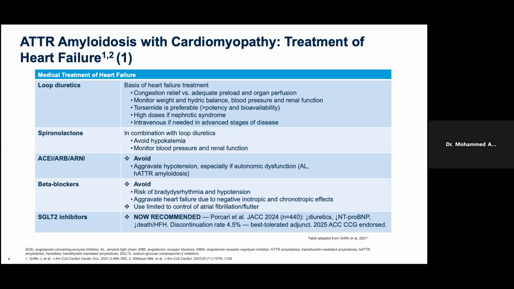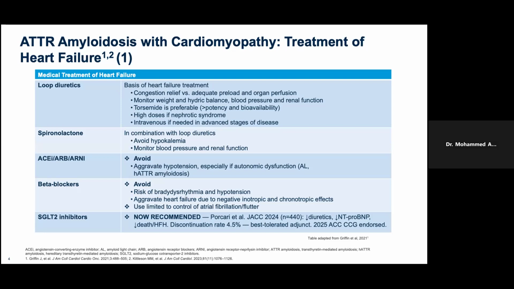Torsemide is preferred for its potency and bioavailability. High doses may be needed in nephrotic syndrome, and intravenous diuretics if needed in advanced-stage disease. Mineralocorticoid receptor antagonists, like spironolactone or eplerenone, can be added to enhance diuresis and reduce hypokalemia, with close monitoring of renal function and blood pressure.